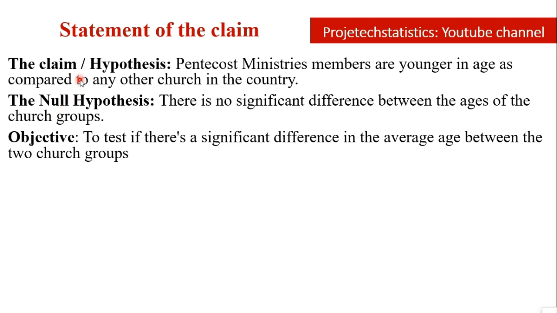Our claim here is that Pentecost ministry members are younger in age than every other church in the country. Our null hypothesis is going to contradict our claim by saying that there is no difference between the ages of the church groups. So, this is how you do your null hypothesis.